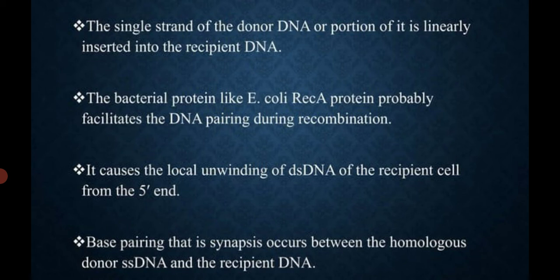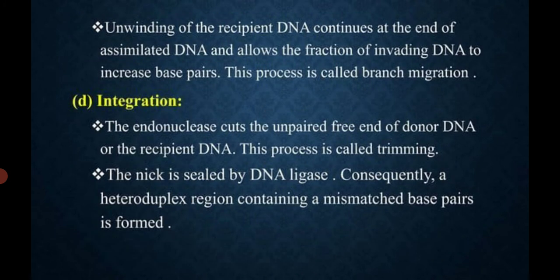The base pairing, that is synapsis, occurs between homologous donor single stranded DNA and the recipient DNA. The unwinding of recipient DNA continues at the end of assimilated DNA, and it allows a fraction of invading DNA to increase base pairs, and this means branch migration.